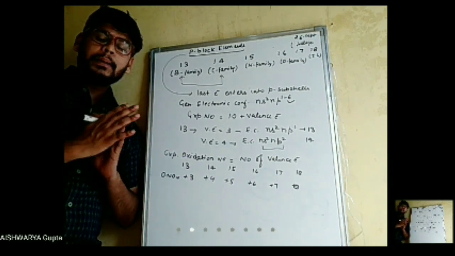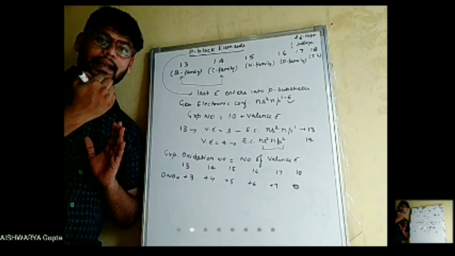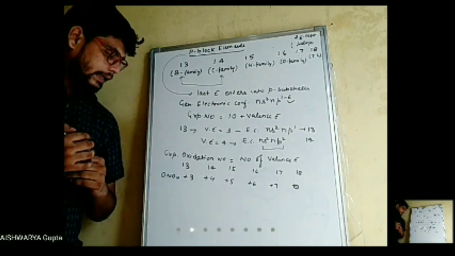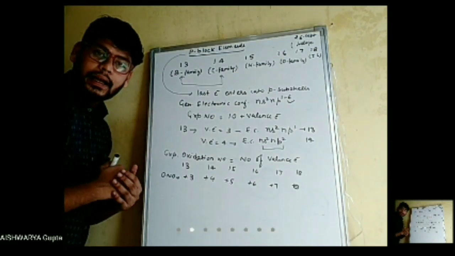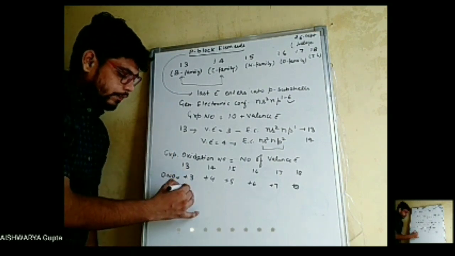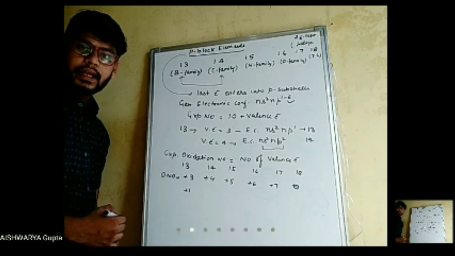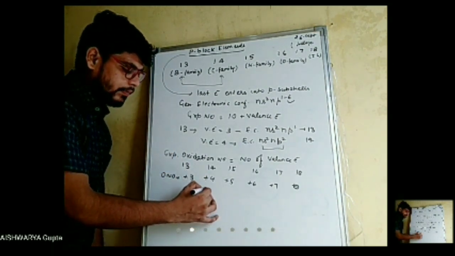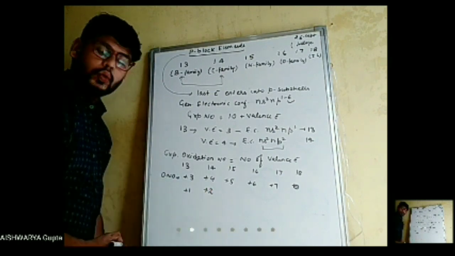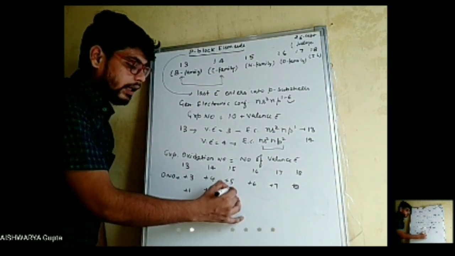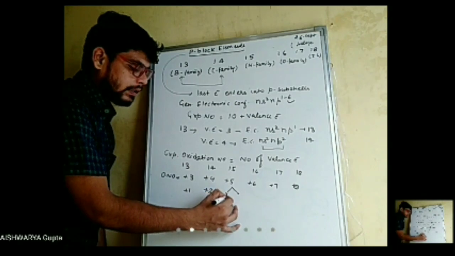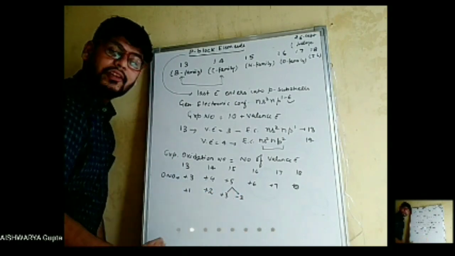There are some other oxidation states that are also shown. Group 13 will show a plus 1 oxidation state. Group 14 will show plus 2 as well. Group 15 will show plus 3 and minus 3 as well.